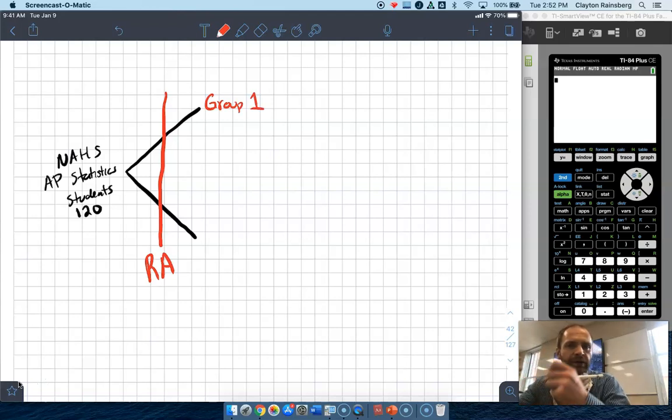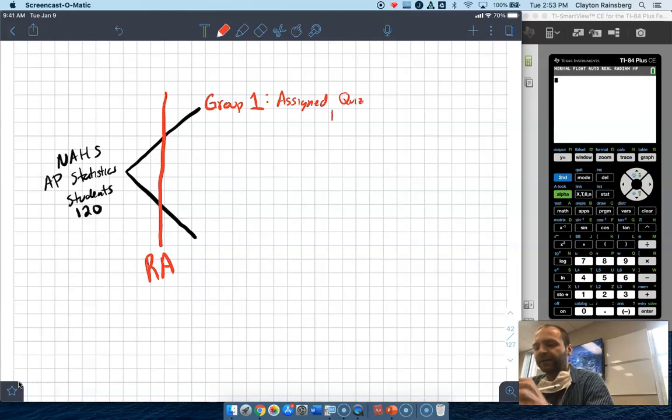The first 60 names are going to go into group 1. And group 1, you first 60 students, you are going to be assigned only the quiz BC problems. And there are going to be 60 of you. The remaining 60 names in the hat, you're going to group 2.